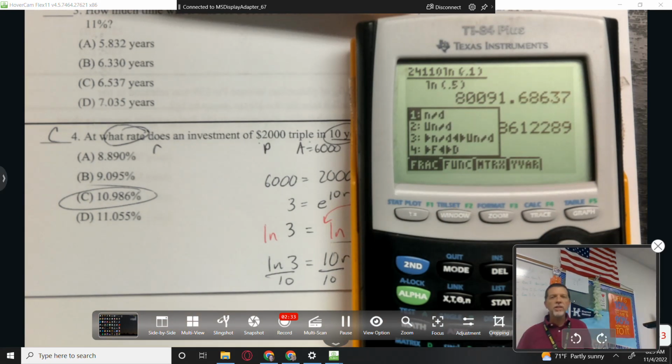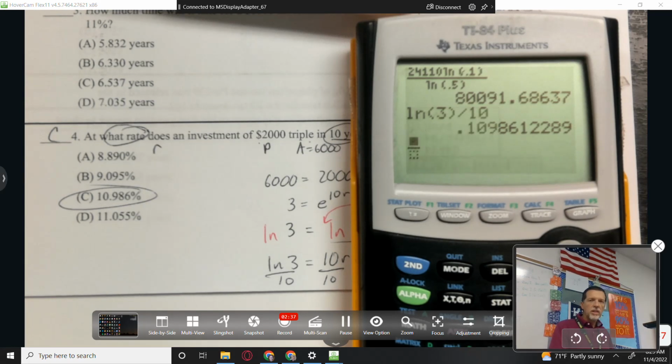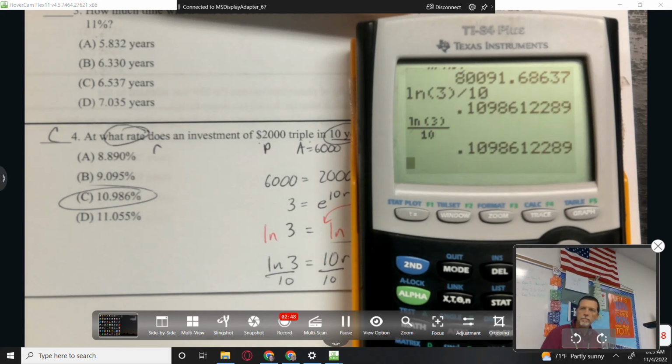And the first option there is numerator over denominator. So natural log 3 over 10 should give me the same thing that I just got. Maybe not necessary for that problem, but definitely helpful for some. I guess it's never necessary, but it's often helpful.